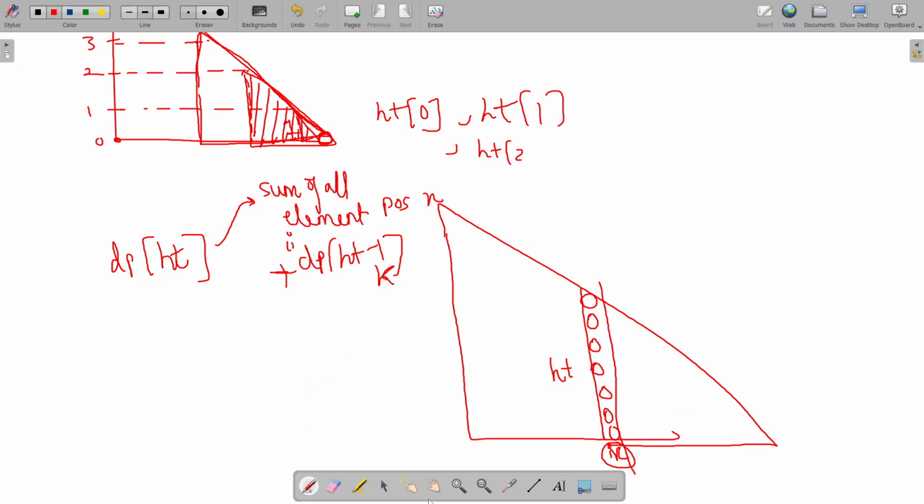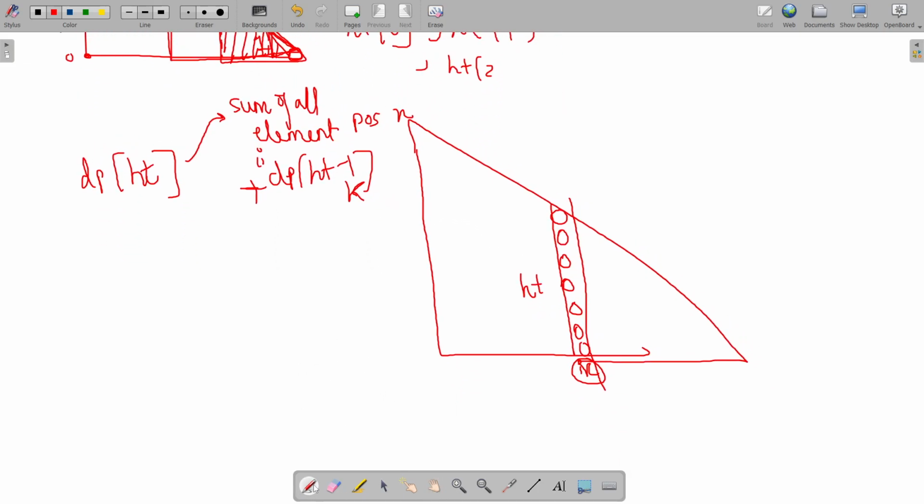Okay, or the other choice is that we include it in some type 2 operation. So what will that mean? That will mean that from here, and I'm only looking at this triangle, right, I'm not concerned with whatever is before me.